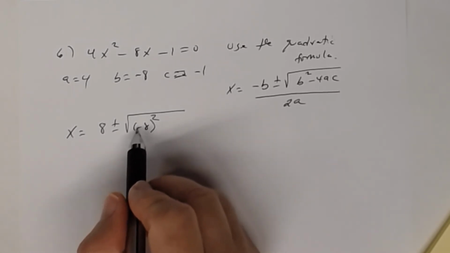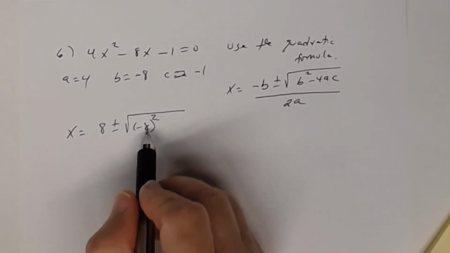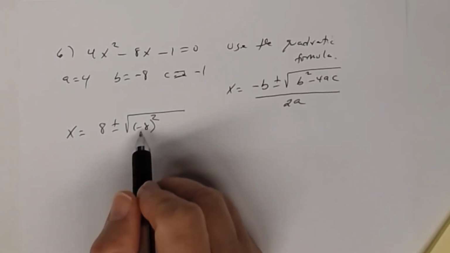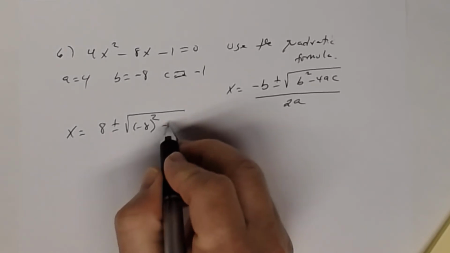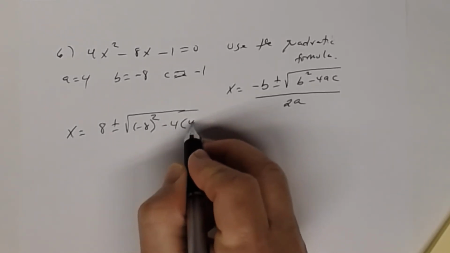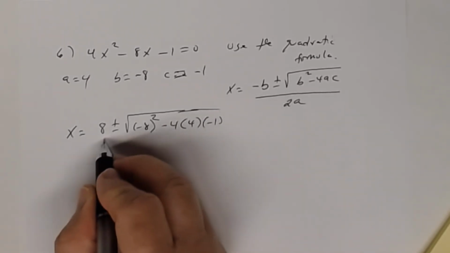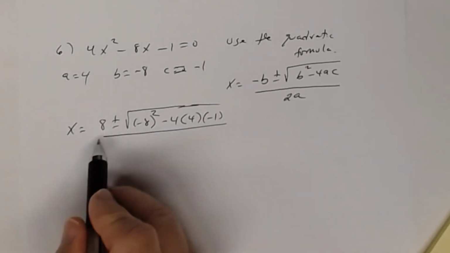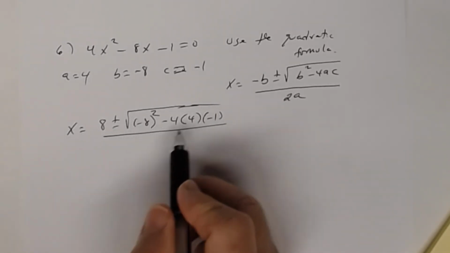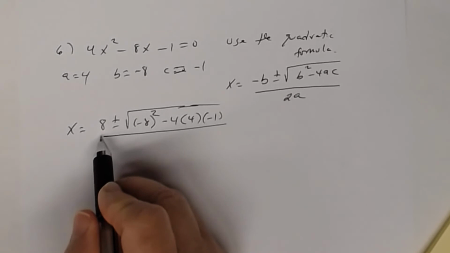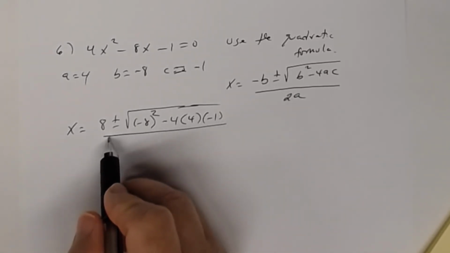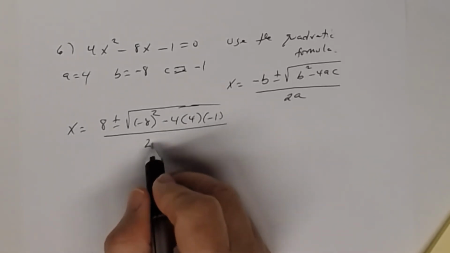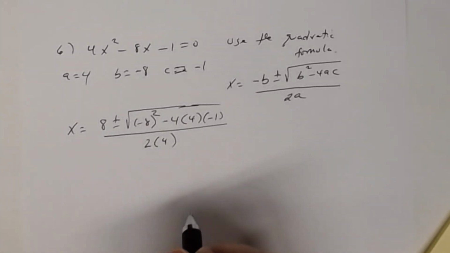If you did not put negative 8 in parentheses and use your calculator, that would give you negative 64, which is not true. It's a positive 64. Minus 4 times a times c, all divided by, remember we talked about extending it, make sure all of this is above this division symbol right here, so you don't lose any points. Divided by 2 times a, and a is 4.